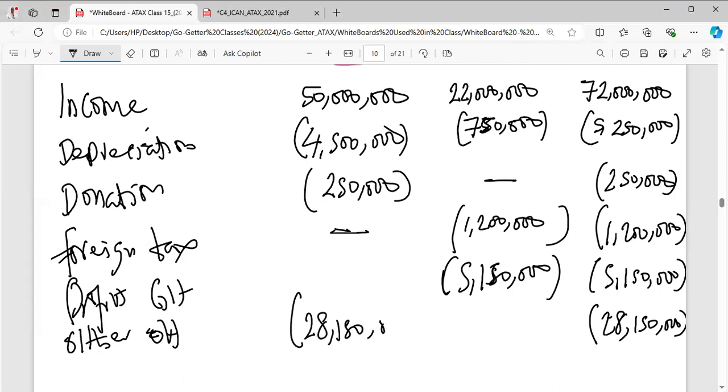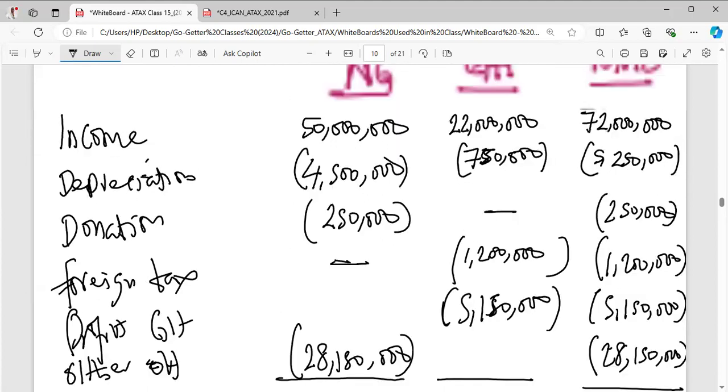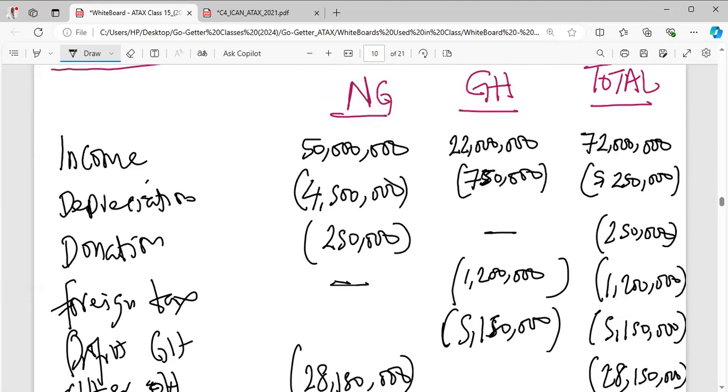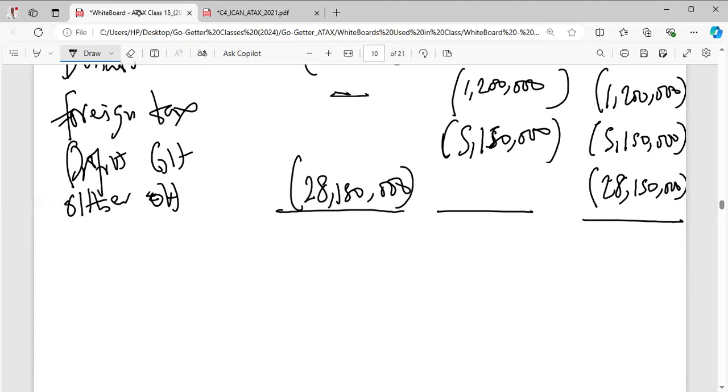Of course, this is now 40 million overhead. And if you take it away from 72 million, 32 million will become your profit. This is 32 million.